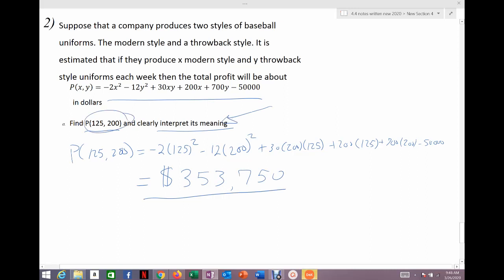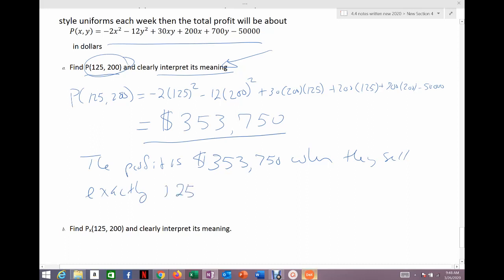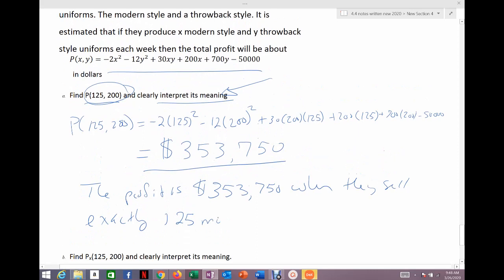Again, interpret that. There are three parts to the interpretation: the value of the profit, and how we got the value of the profit. So the profit is that amount when they sell exactly 125, I have to remember what my X value is, modern, and 200 throwback style uniforms.